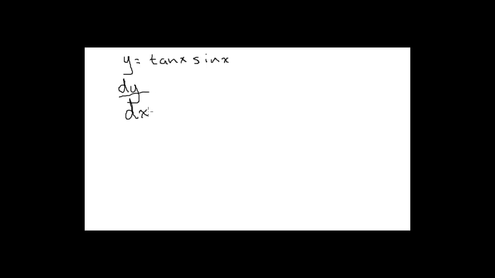So we want to get the derivative of this, so product rule. Derivative of tan is sec squared x times sine x, plus leave tan times the derivative of sine x, which is just cos x.